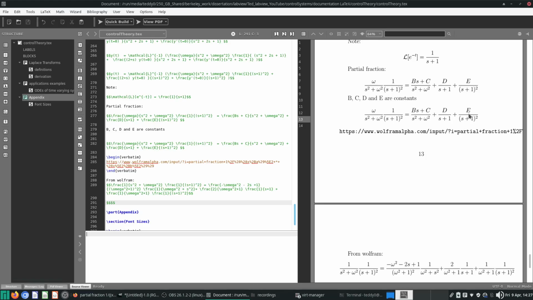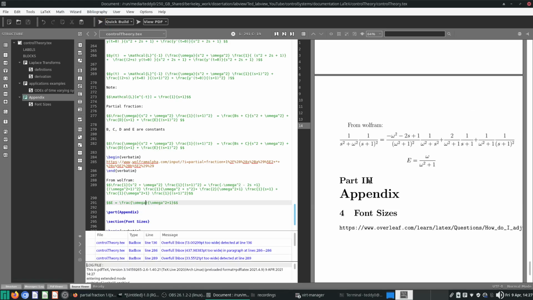Okay, e equals omega over omega squared plus 1. That makes it a lot neater because I need to multiply omega throughout, right? So that's going to be e, omega over omega squared plus 1.